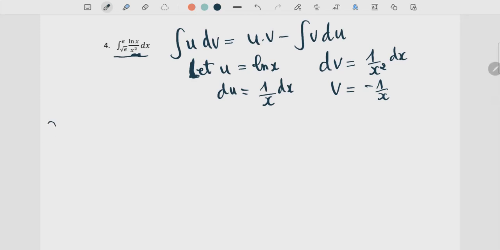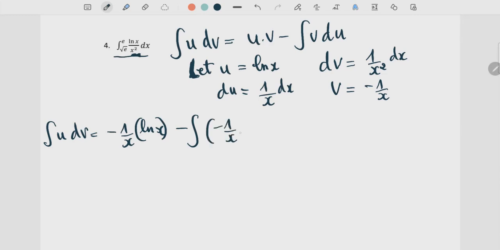The integral of u dv will therefore be equal to u times v, which is negative 1 over x times ln x, minus the integral of v du, which is negative 1 over x multiplied by du, which is 1 over x dx.